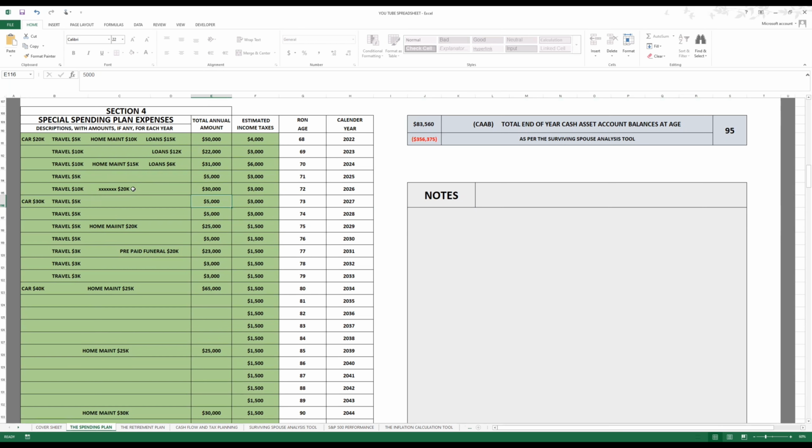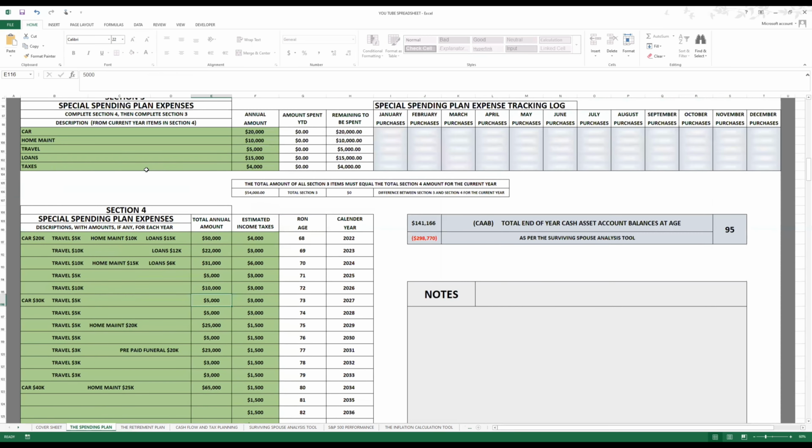And the reason 20,000 makes such a big change to this is because I don't have this 20,000 to grow over all of these years. So that is what a $20,000 expense problem will do for you. You want to avoid that. Okay, let's get rid of that and get back to my 141,000, and let's move up to section 2.